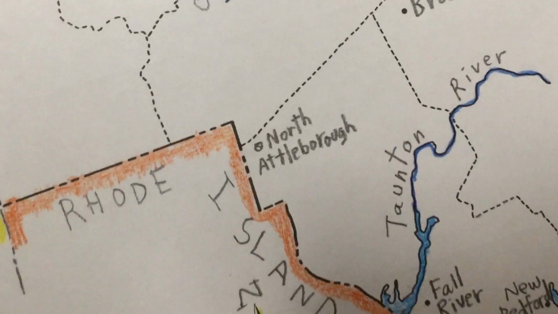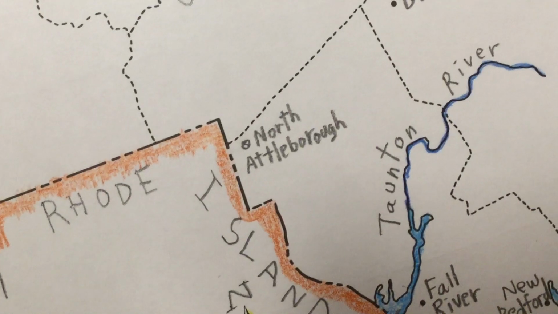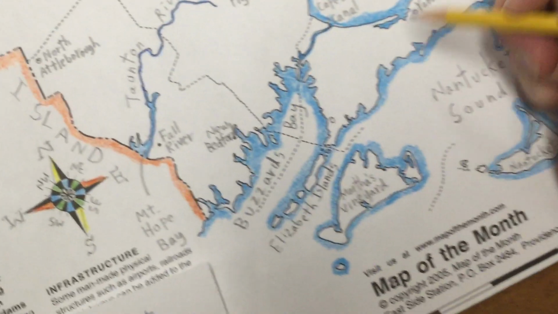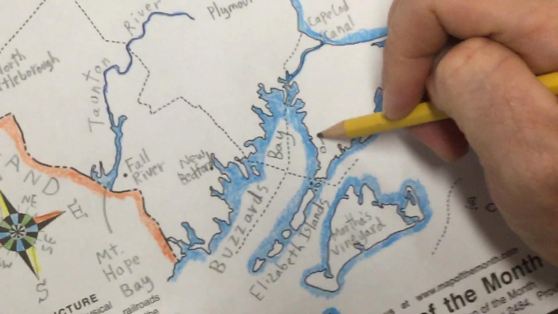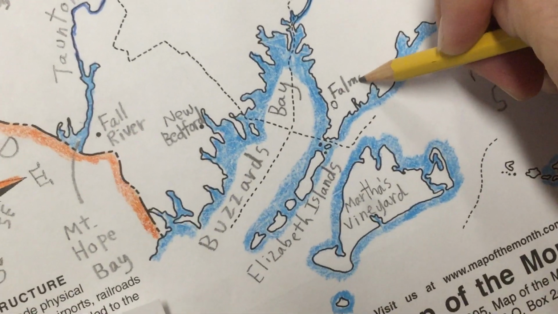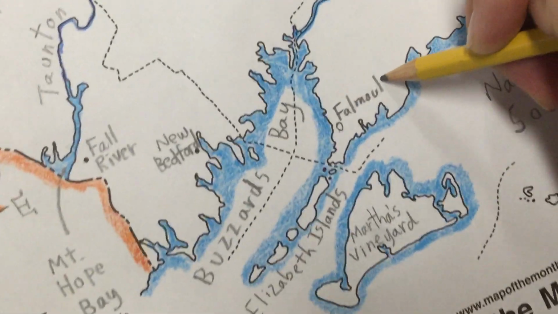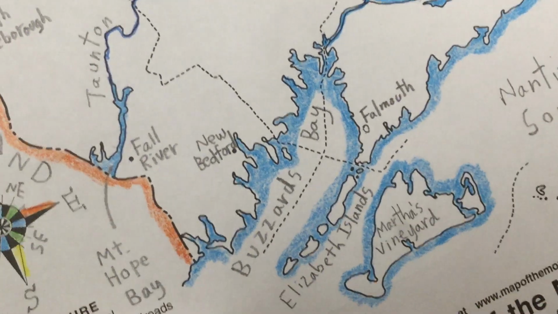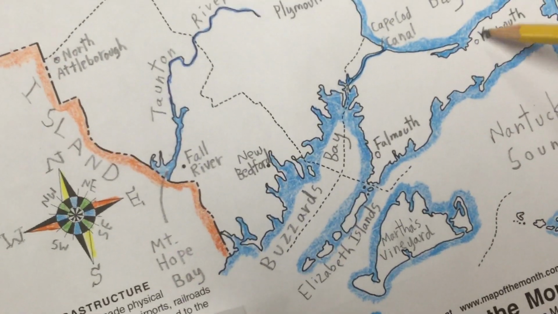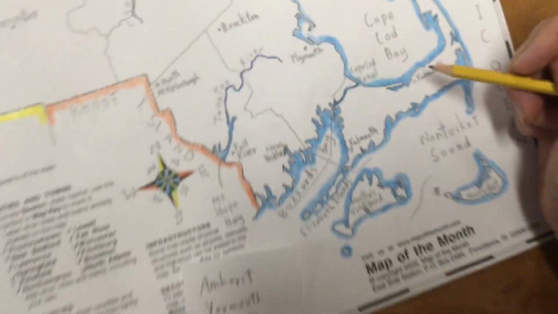O-U-G-H. Okay, and I put one more out here on Cape Cod, the town of Falmouth, F-A-L-M-O-U-T-H. All right, and you can see I used the open circle for those towns.